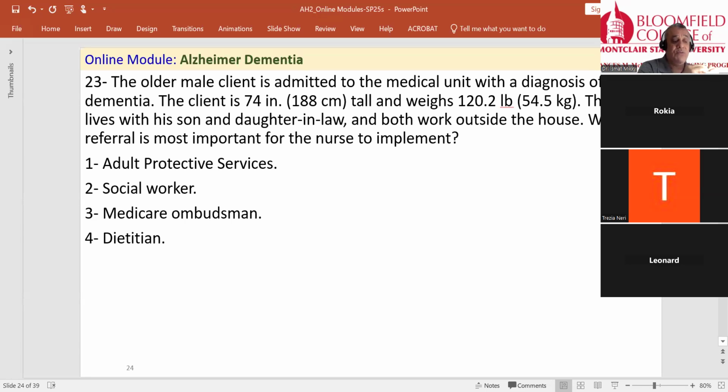So we should arrange for the social worker to see the client and family, to sit with them and have a meeting to determine if arrangements could be made to provide for the client's safety.